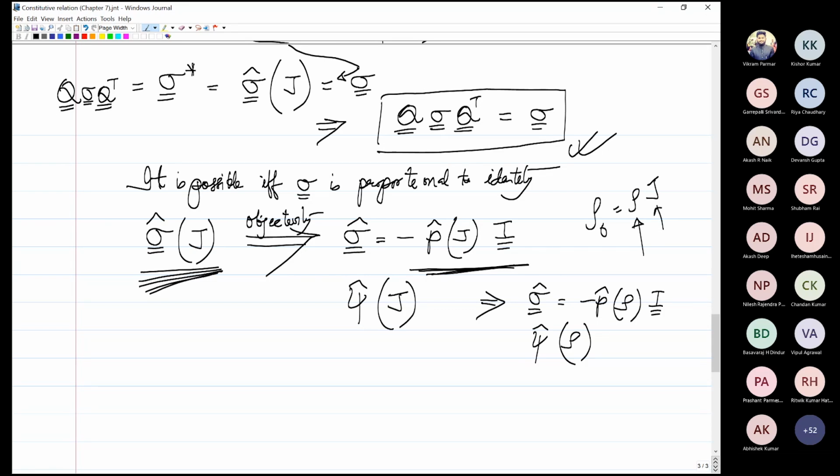Okay, so you see that starting with 7 unknown functions, we have now just 2 unknown functions. Only 2 unknown functions now, for p hat and psi hat. So that's a restriction from objectivity.